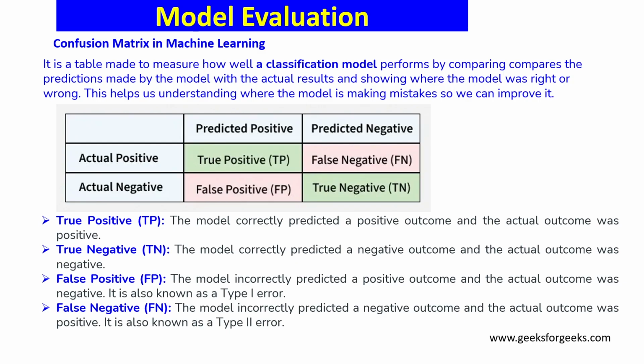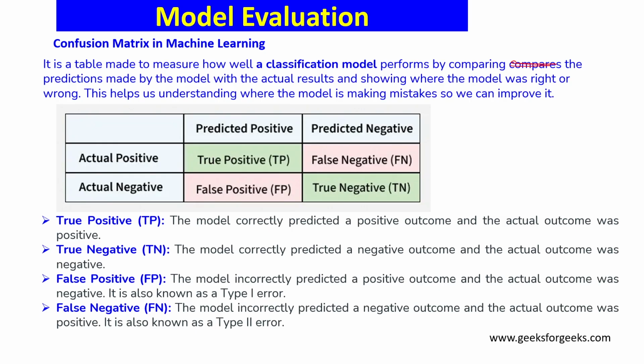What we are doing here is basically comparing the predictions made by the model with the actual results. I am sorry about some spelling mistakes, like extra words here, but we compare and then show whether the model is actually right or wrong.